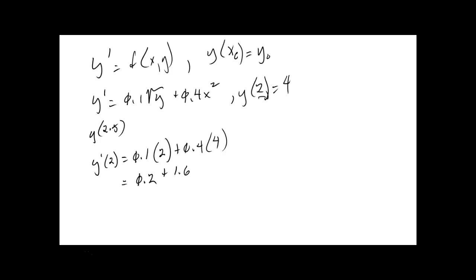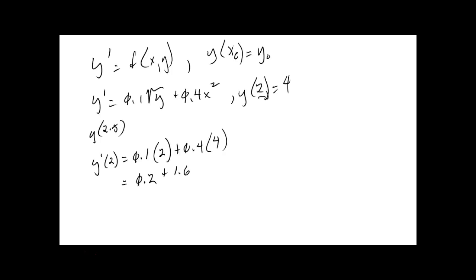That's what that tells us. Okay? So go to your y prime. We're going to calculate y prime at 2. Okay? So that will be 0.1 times the square root of 4, right? Plus 0.4 times 2 squared, right? So this is 0.2 plus 1.6, right?